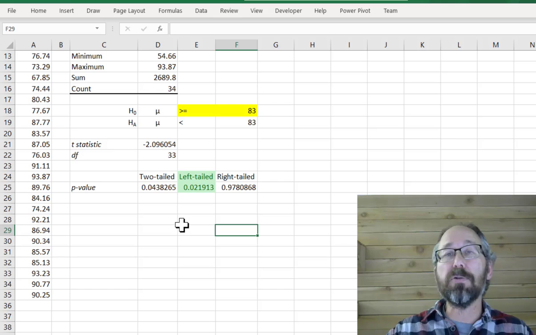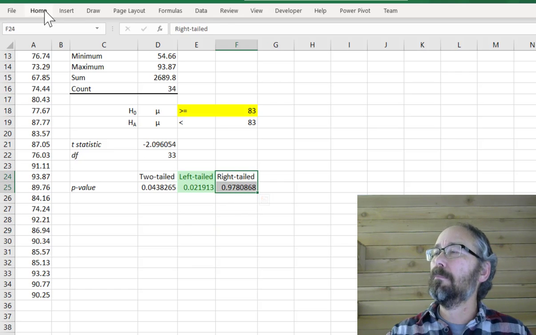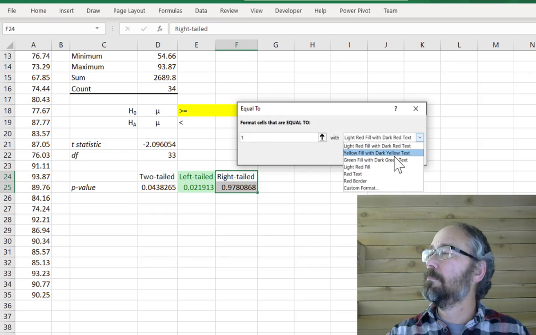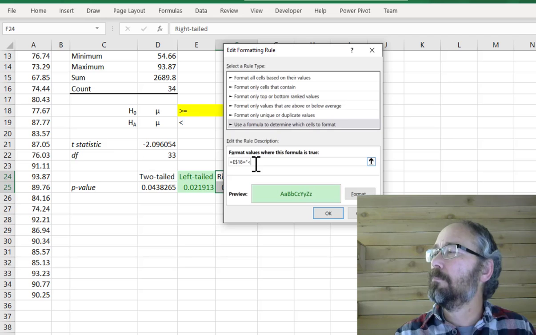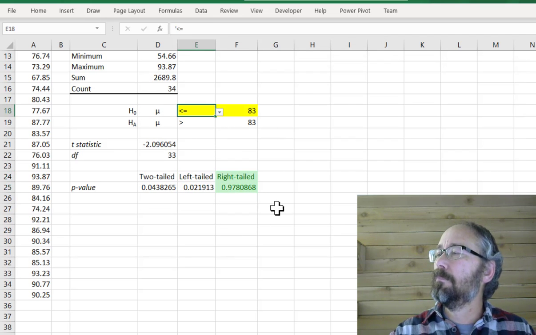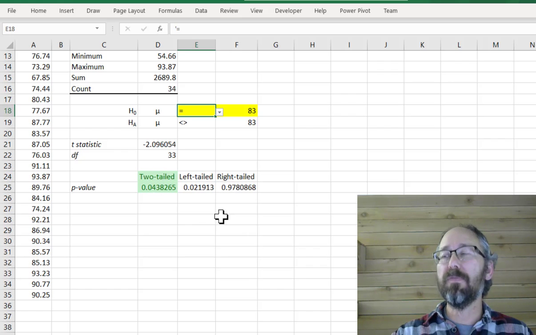This is why we have to use the appropriate two-tailed, left-tailed, or right-tailed test to find our p-value. So there you have it. We can select the type of hypotheses we want, and we'll be directed to the appropriate p-value for that.